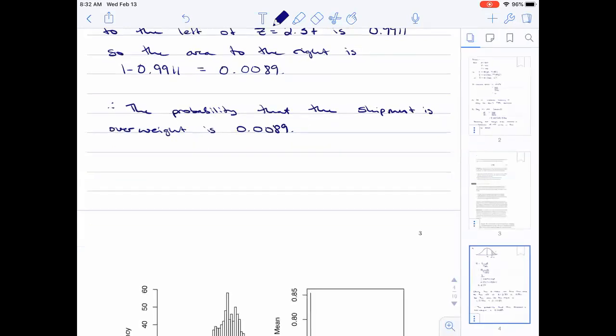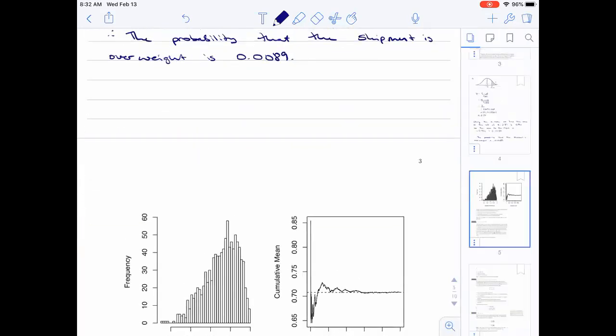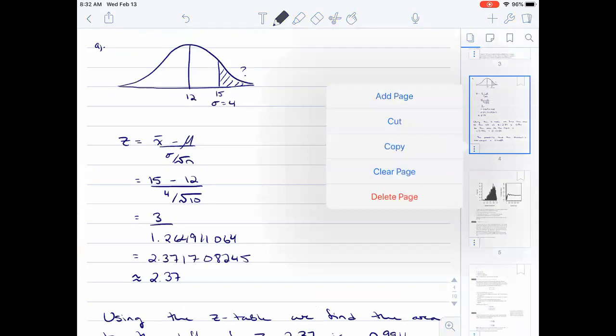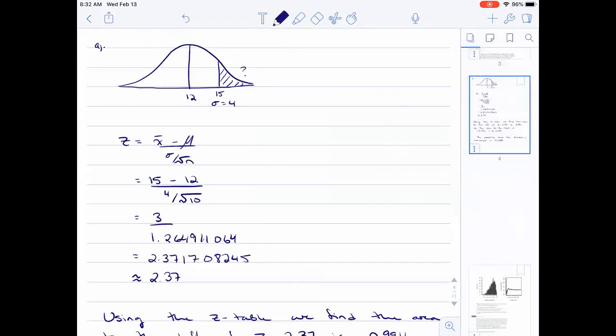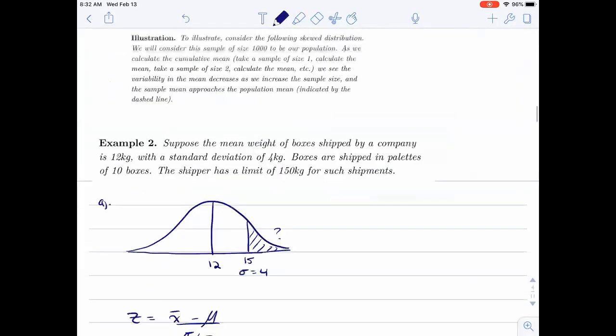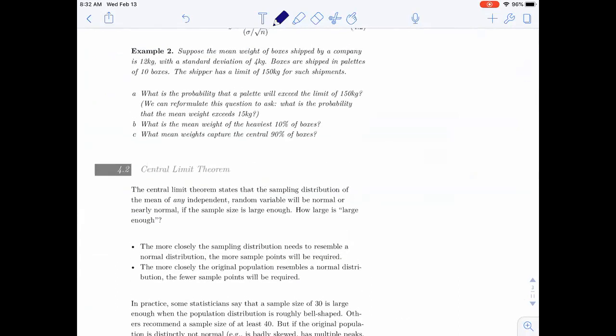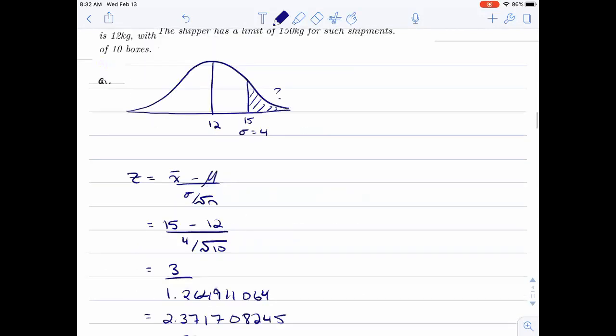I guess I better add another page here. Oops. B. What is the mean weight of the heaviest 10% of boxes? Sounds familiar.